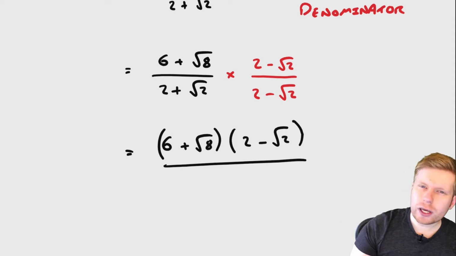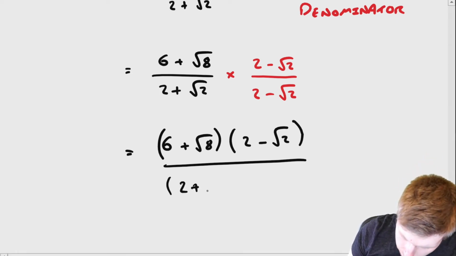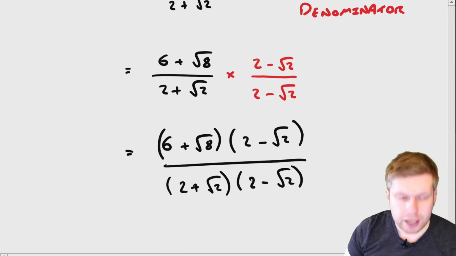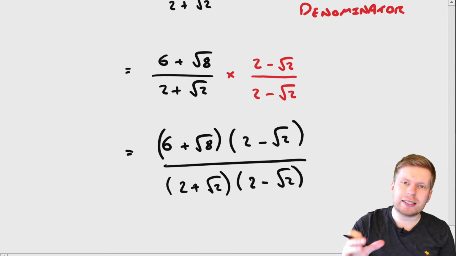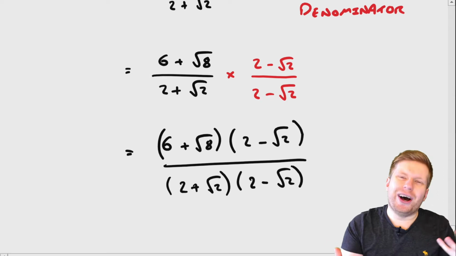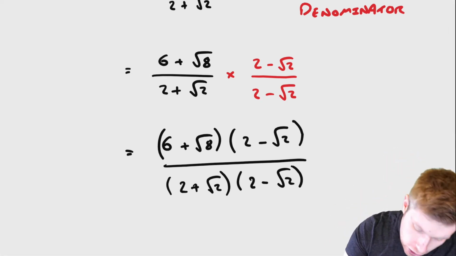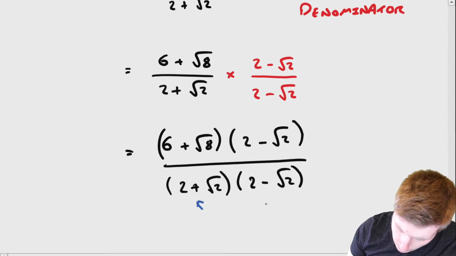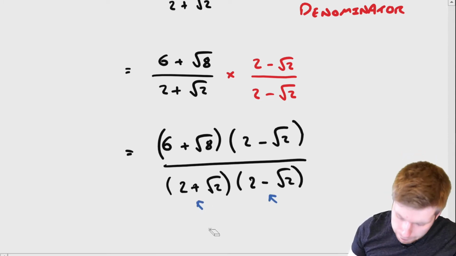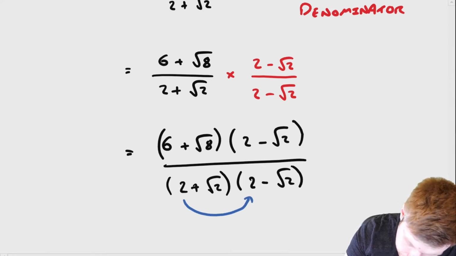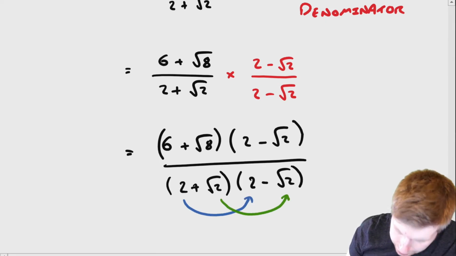Now, if you're not sure what I'm talking about there, then literally have a go at multiplying 2 plus root 2 times by 2 minus root 2. Just simply multiply it out as an ordinary quadratic and you'll simplify it. However, hopefully you've done enough examples with this that you'll be able to use the shortcut, which is just noticing that because you have the conjugates being multiplied together, you should just be left with this times by this and this times by this.